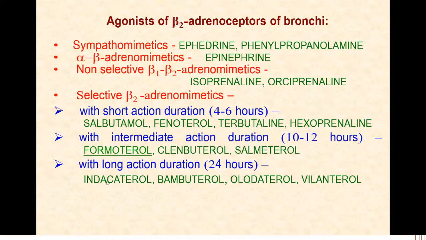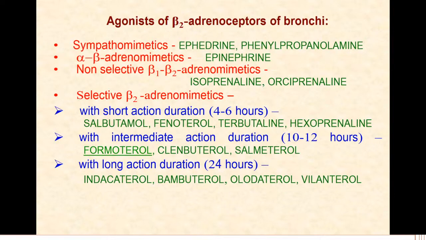But formoterol acts also fast, like the agents from the first subgroup. It acts in a few minutes. 1, 2, 3 minutes and the attack is over.